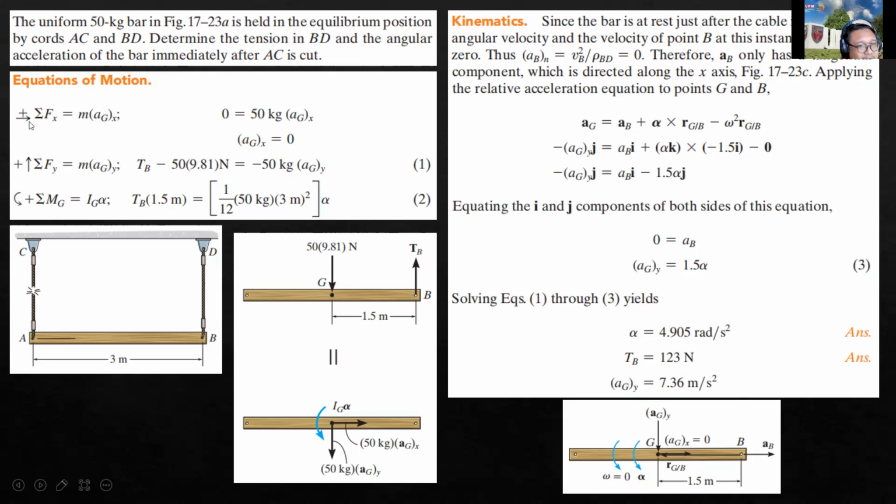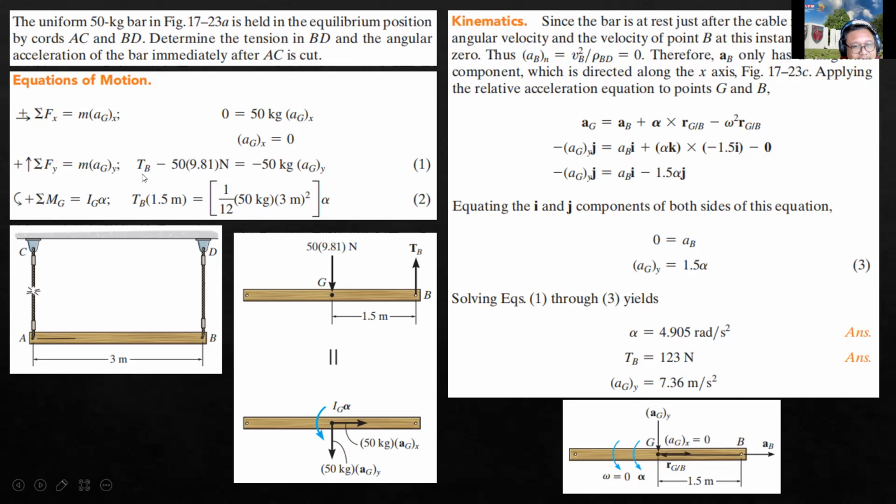Okay, let's go on. Summation of force in the x direction, we don't have anything, so everything here becomes 0. We only have forces in the y direction, the vertical direction, and also we have acceleration in the y direction, AGY.